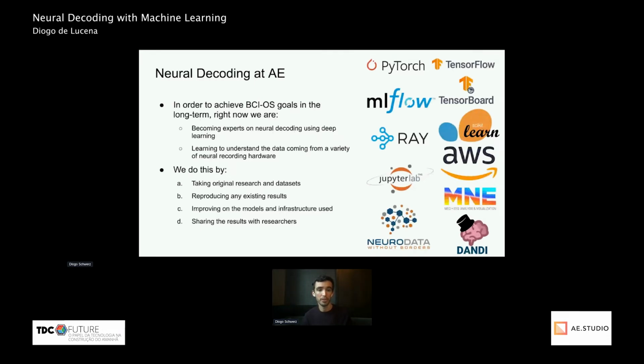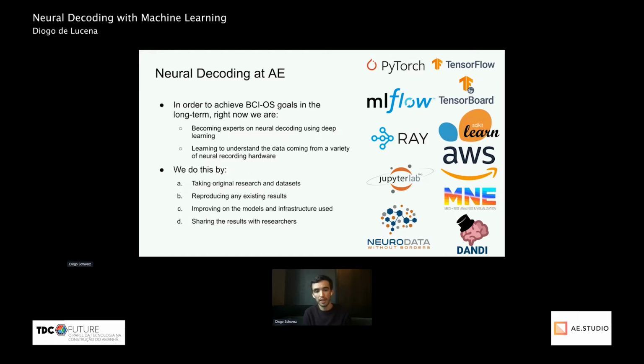And the way that we do it right now is that we look at the most advanced research that is out there, and we take that original research, we take those data sets that they create and they share, we reproduce their data, we reproduce their results, and we improve on them. We create models that perform a little bit better. We create infrastructures that are easier to use.